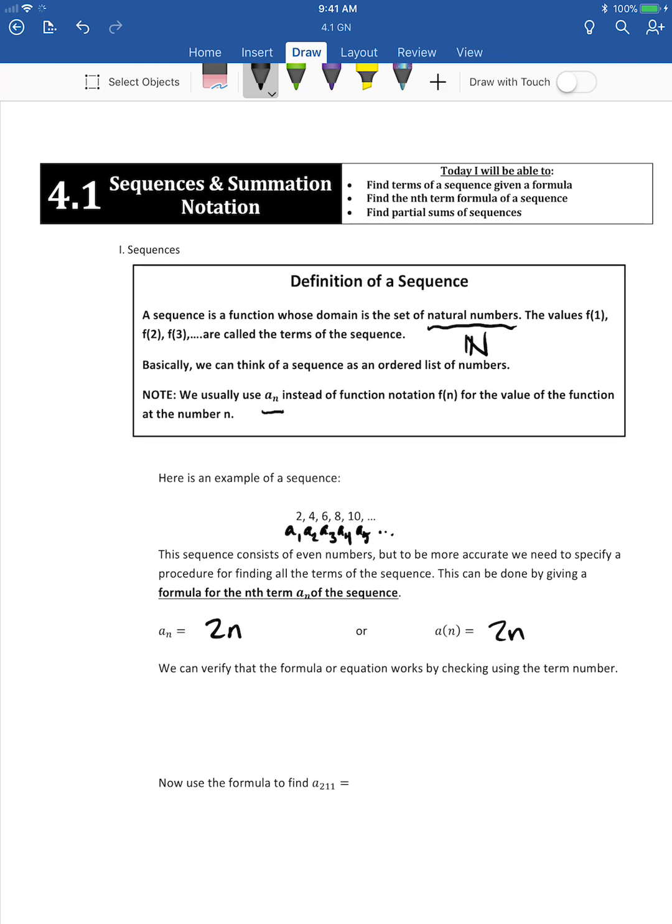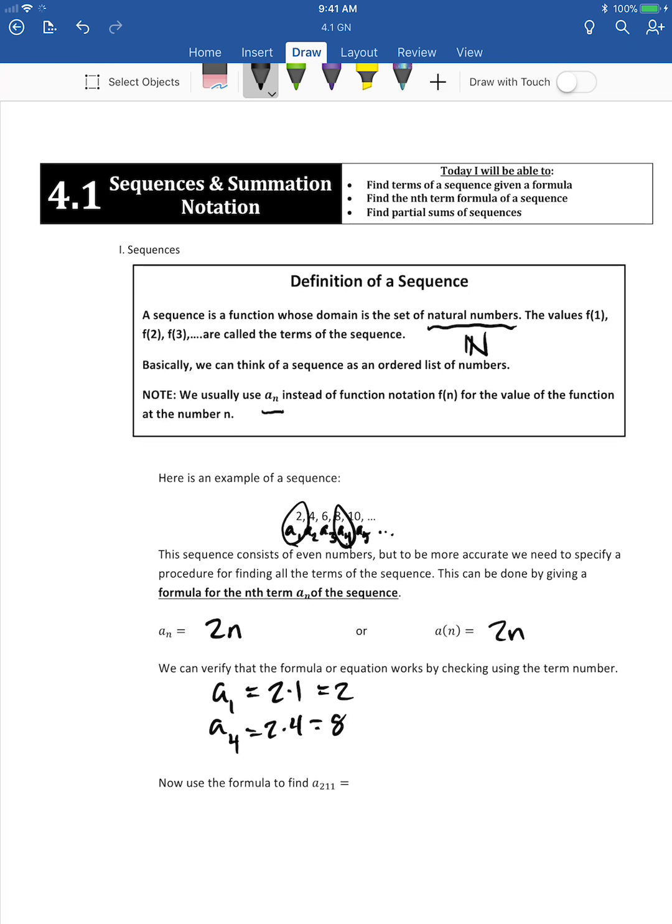Both notations are correct. We can check this: a1 is 2 times 1, which is 2, and we see that up here. a4 is 2 times 4, which is 8, and we see that up here too.